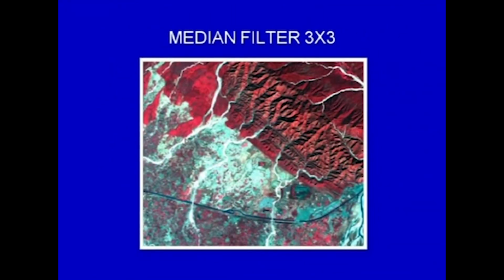This particular slide shows us a median filter using a 3 by 3 window, and what we can see here is that the definition of the edges has become much clearer. Reason being that in the actual image there could have been a gradual variation from one information class to another information class, and thus the edge pixels may have been belonging to neither of the two classes of information.